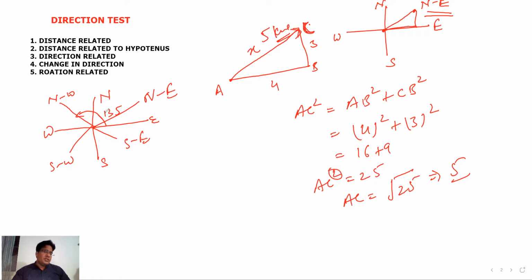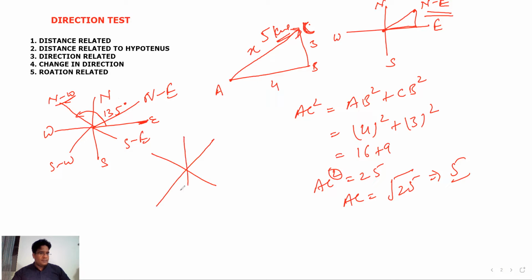The direction is going to be changed by a 135 degree angle anti-clockwise. Clear my point? So the east will be known as northwest.